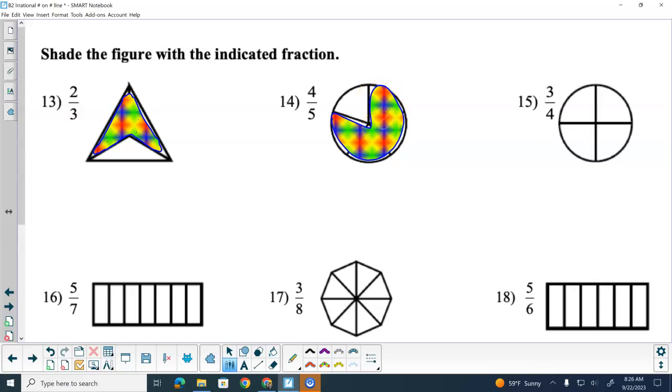Fifths. Oh, let's do something different here. 3/4. 1, 2, 3, 4, 5/7. Now, could I have also done this with 5/7? Oops, yes I can. Could I have also done 3, 4, 5? Could I have done that? Yeah, right?